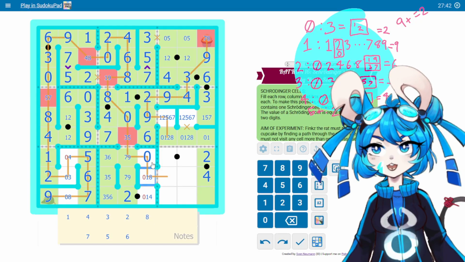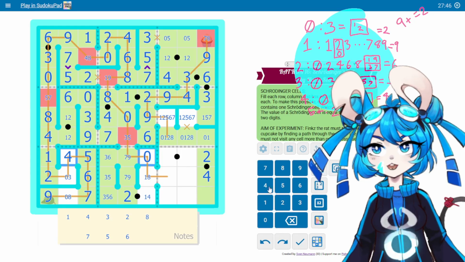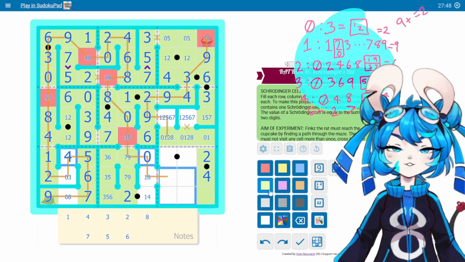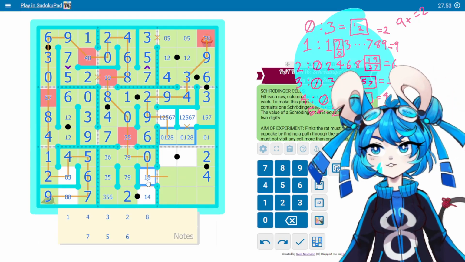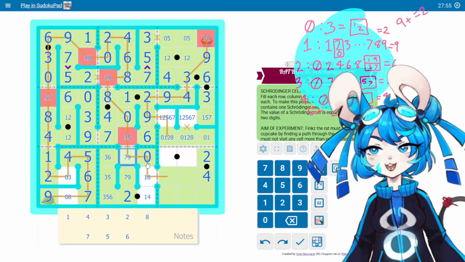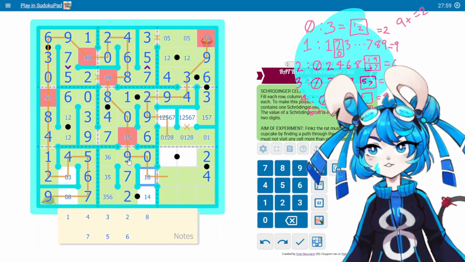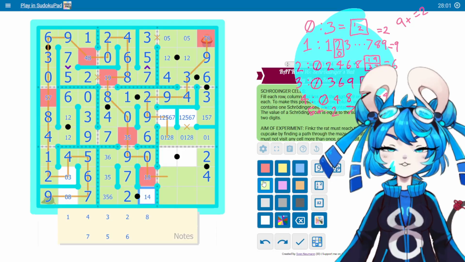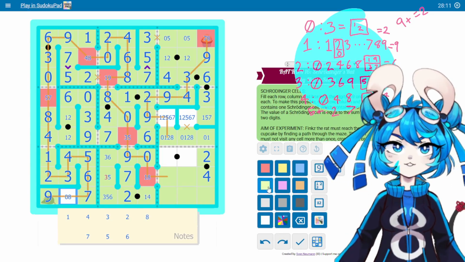So this has to be a 0 either way. Putting a 4 here, making all of these vanilla cells. And the logic remains exactly the same. The 7 and the 0 cannot go together. And this has to be the last Schrodinger cell. Yes.